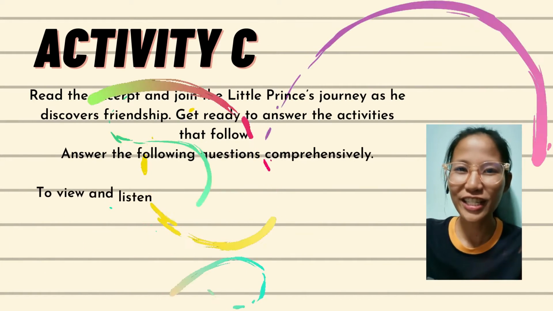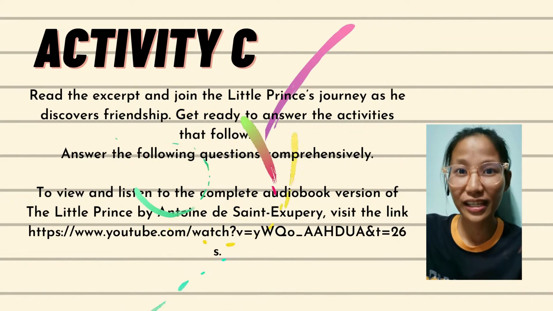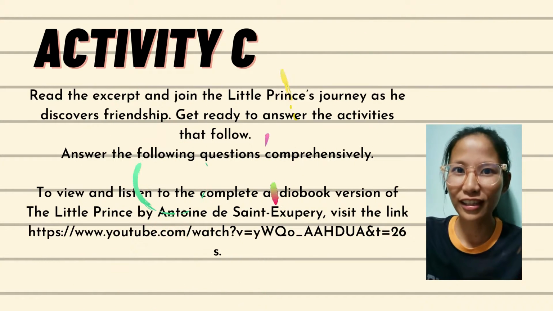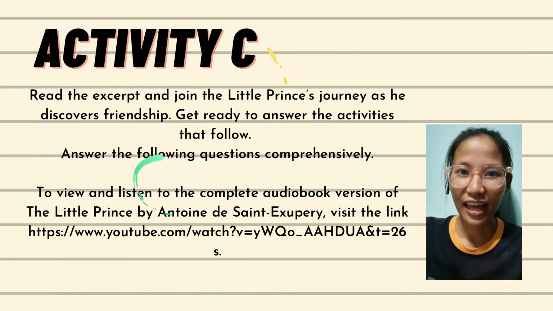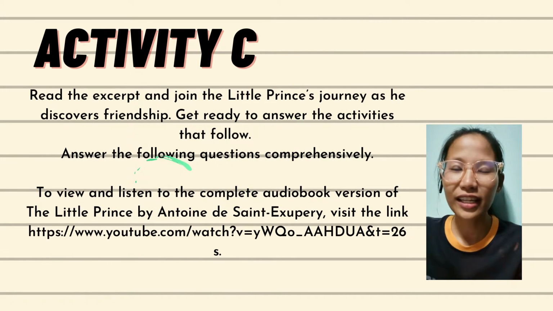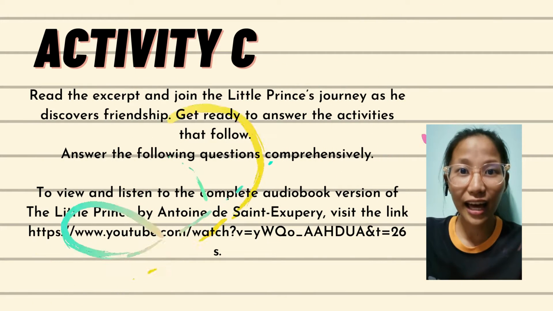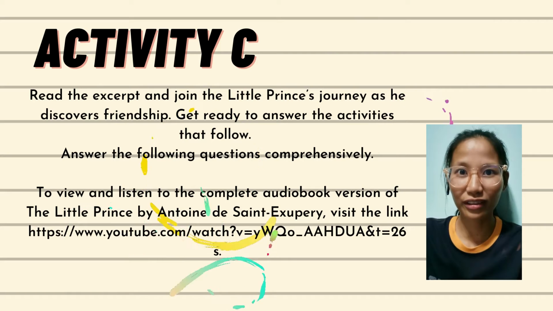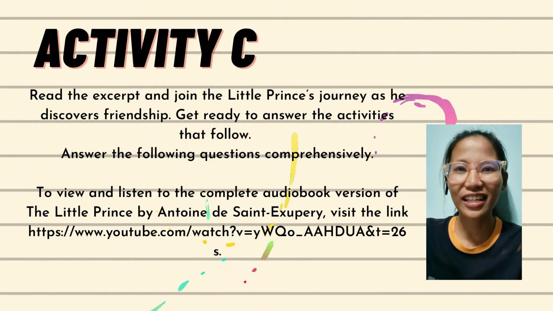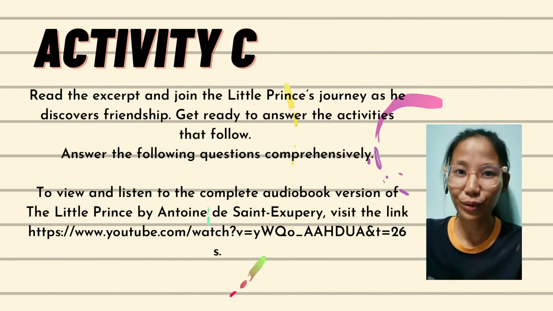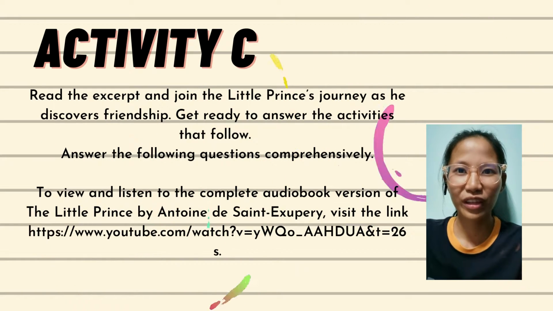For Activity Letter C, you must read the excerpt of The Little Prince. And then, you can now answer the following questions. Now, if you don't like reading the material, you can listen or view the audiobook from YouTube.